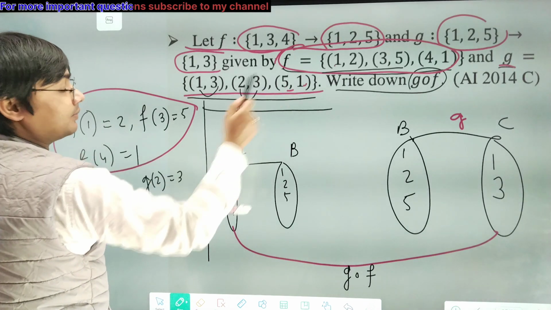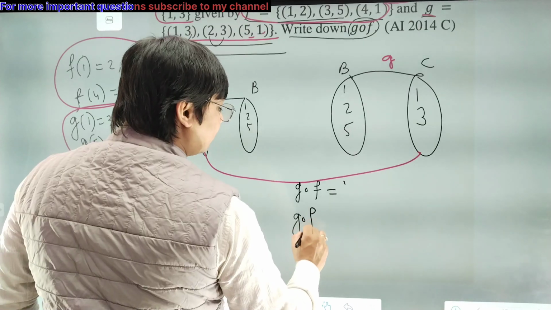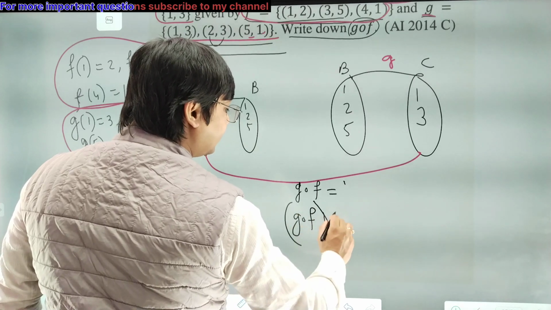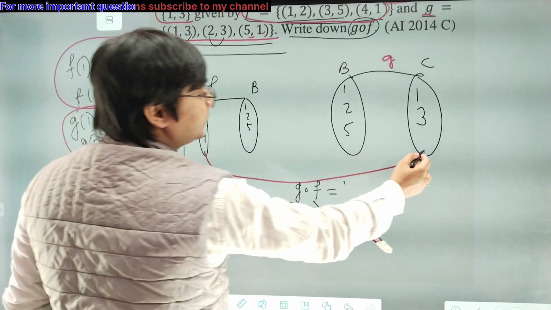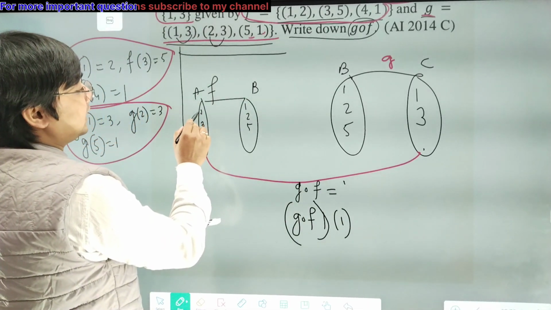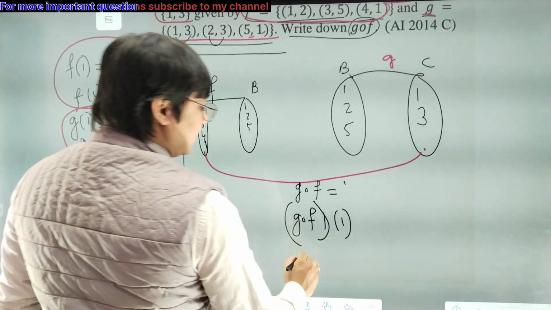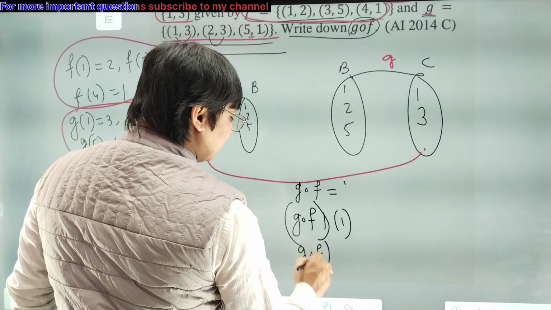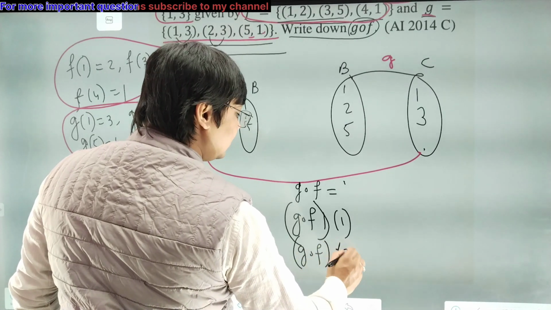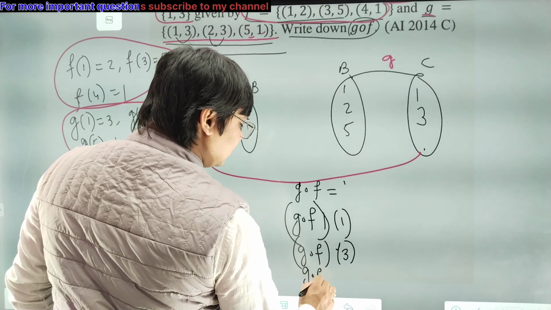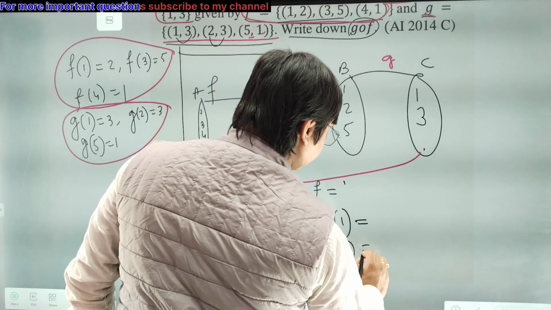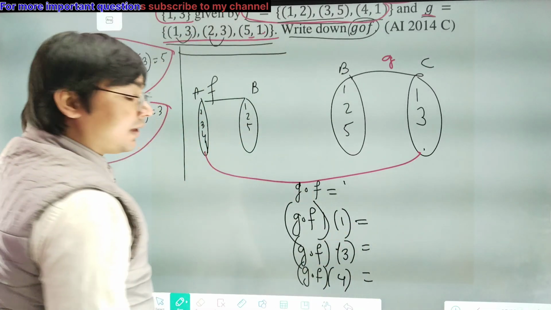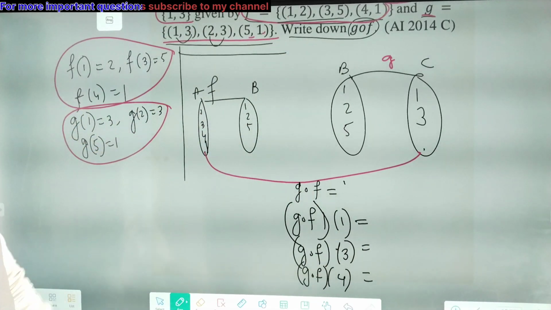Since g composite f goes from here to here, we need g composite f of 1, of 3, and of 4. So we need these values only.